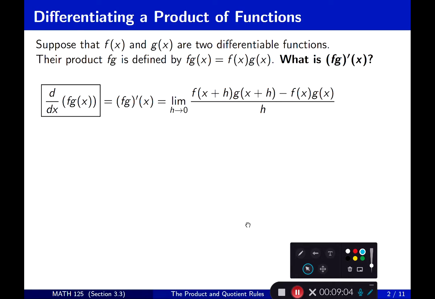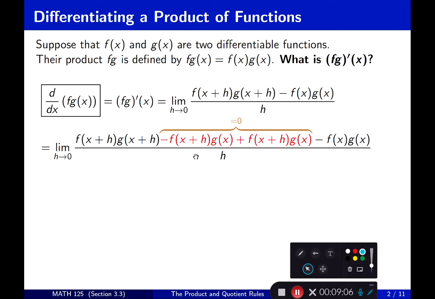The term that we're adding and subtracting is f of x plus h times g of x, which makes it 0, so the original expression stays the same because I added 0 only.